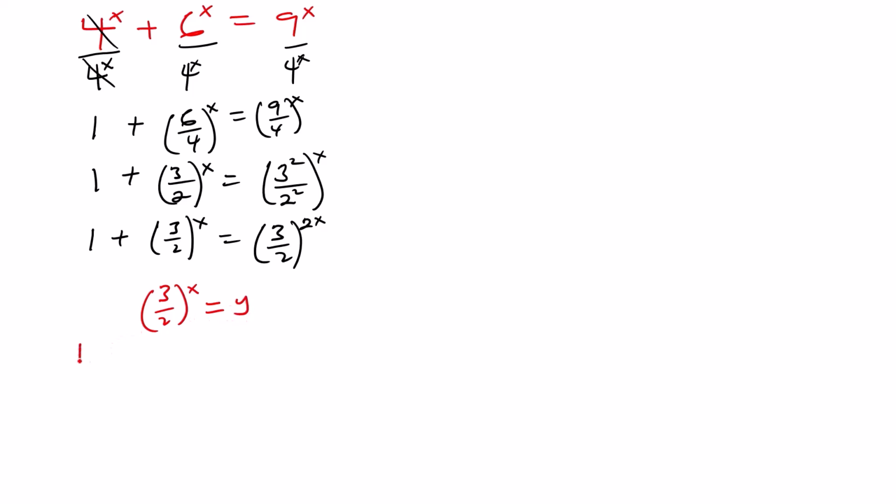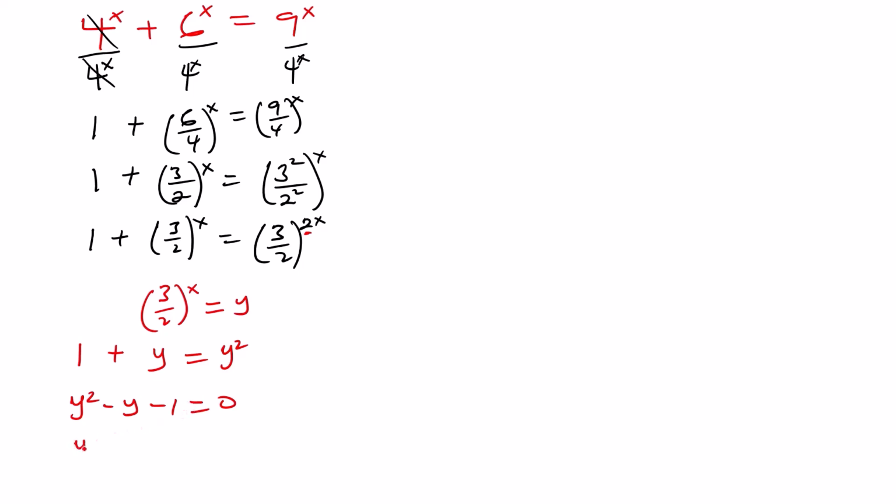So my next step: 1 plus y equals y, but I have a squared there. So this one is a quadratic. Let's arrange it: y squared minus y minus 1 equals 0. Now let's use the method of completing the square to solve this.